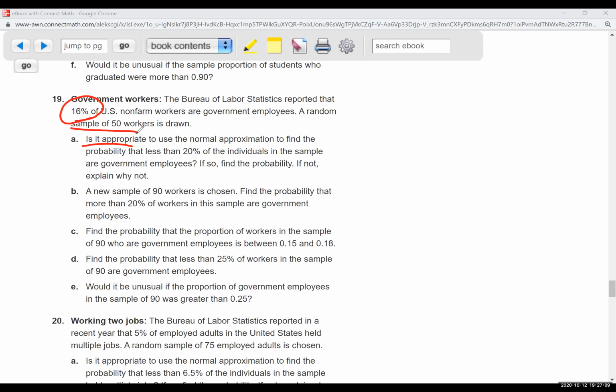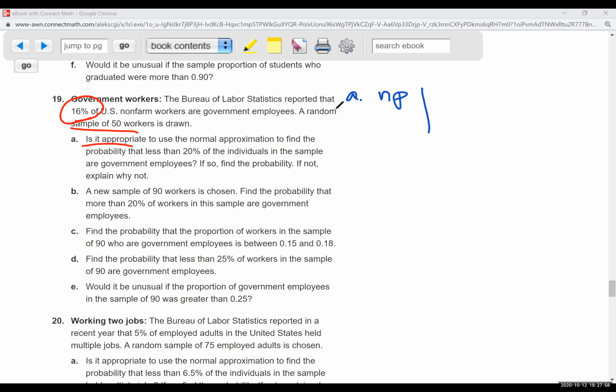What do we need to use here to find out if it's appropriate or not? Yes, NP and N times 1 minus P.